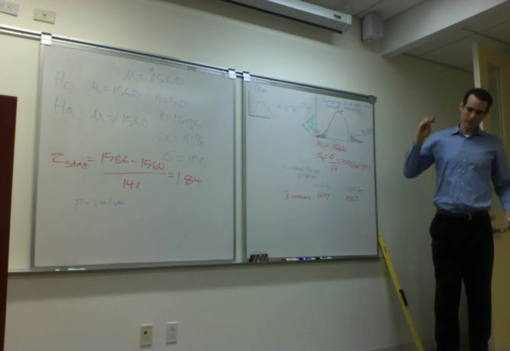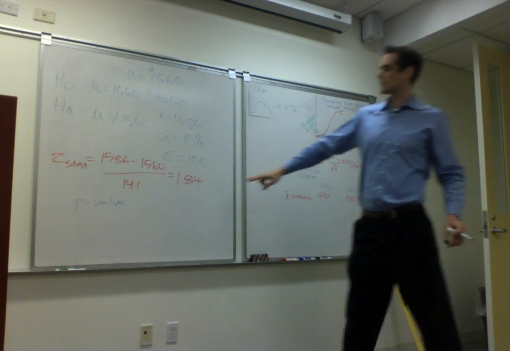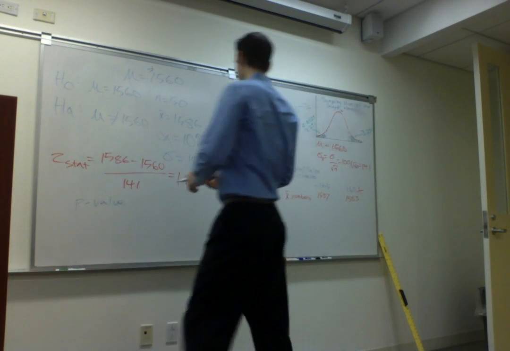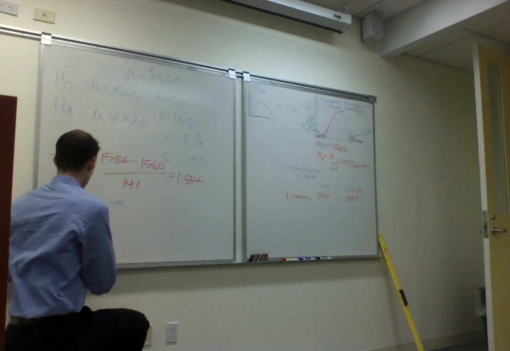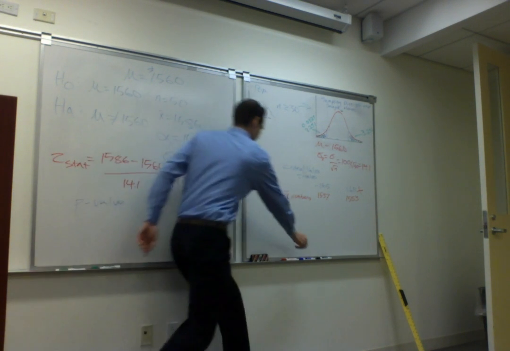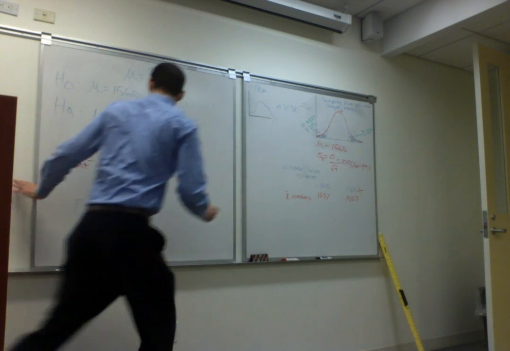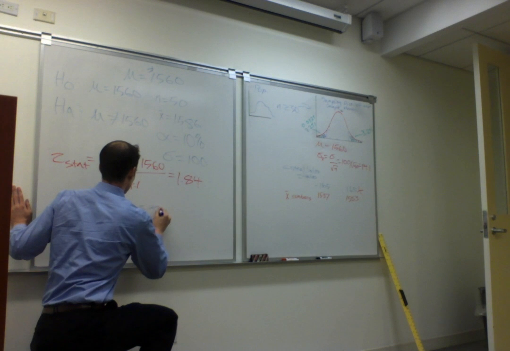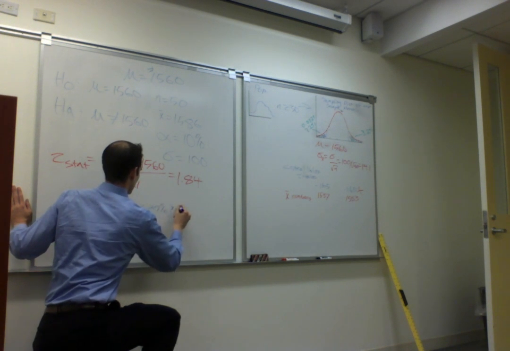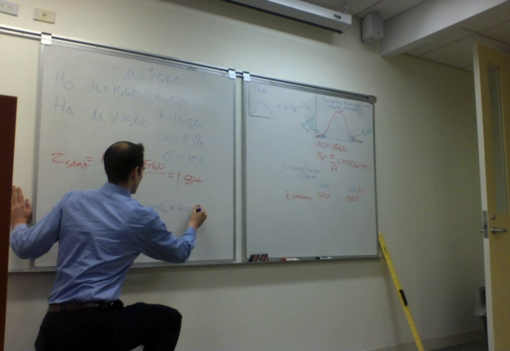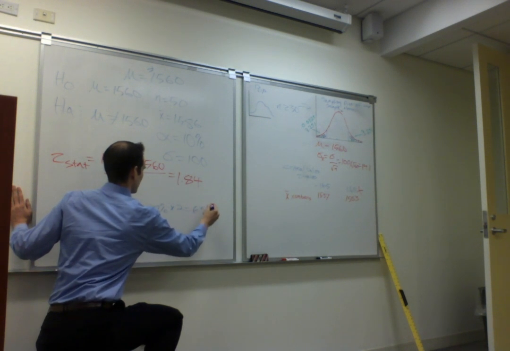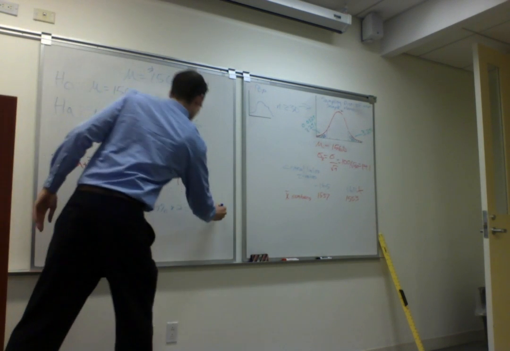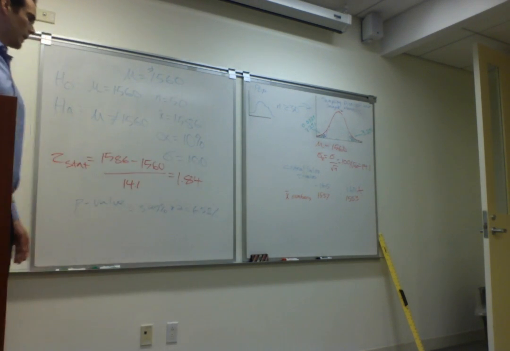So the p-value, the probability of getting a test statistic at least that extreme, is 3.29 times 2, which equals 6.58, about 6.6 percent.